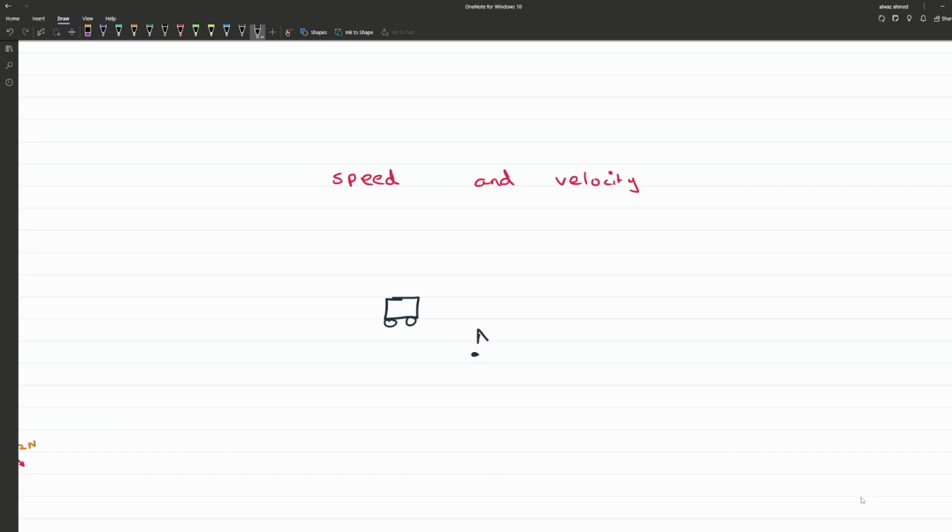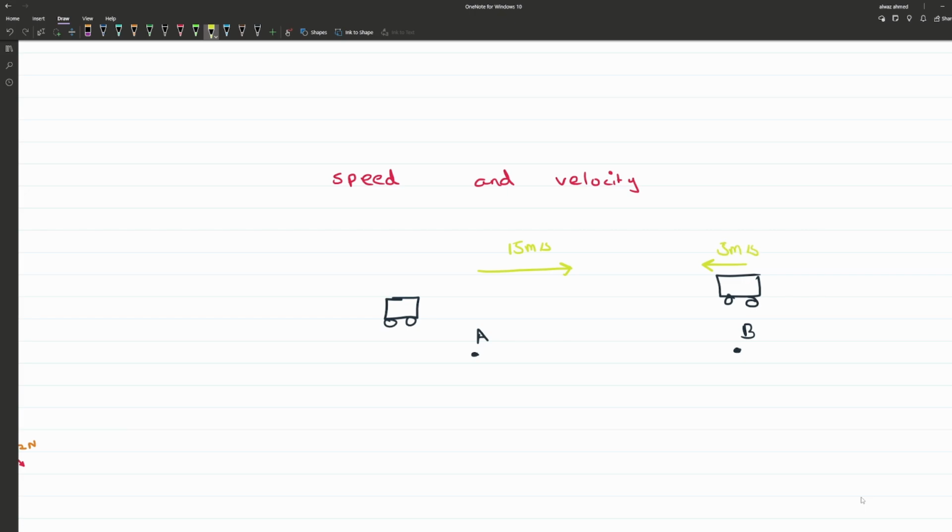This is point A and this is point B. Now our car is going to move towards point B with a speed of 15 meters per second. In the next scenario, our car is going to reach point B, and then it's going to come back towards A with a speed of 5 meters per second.